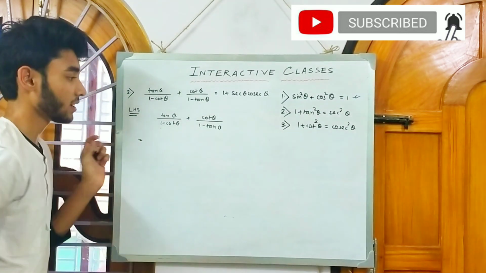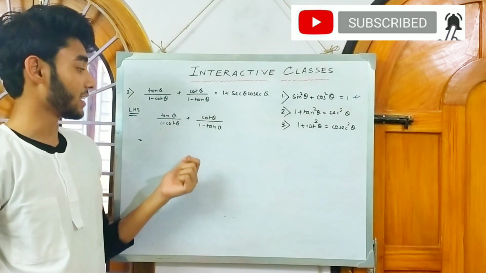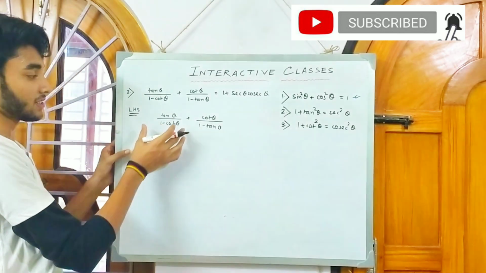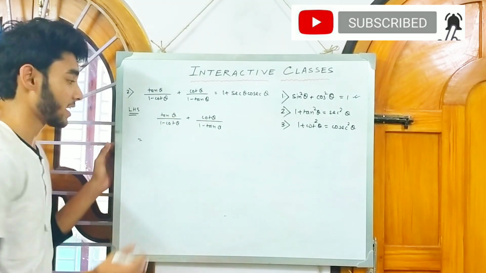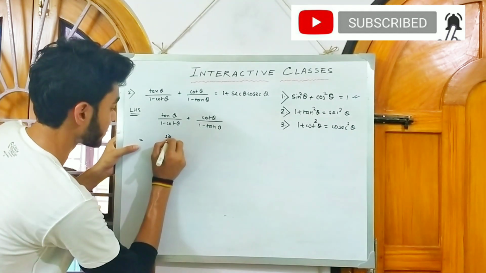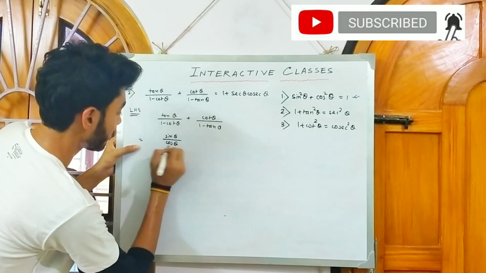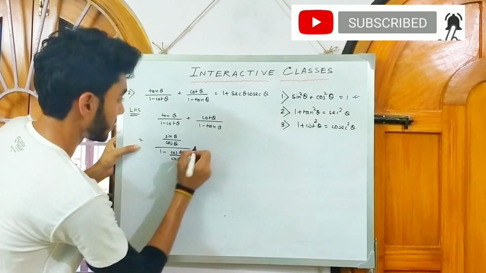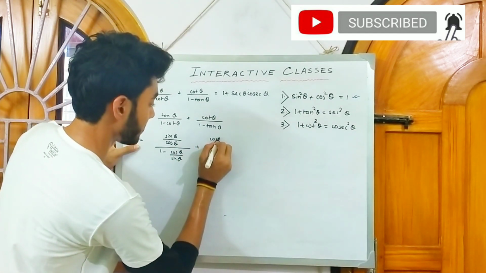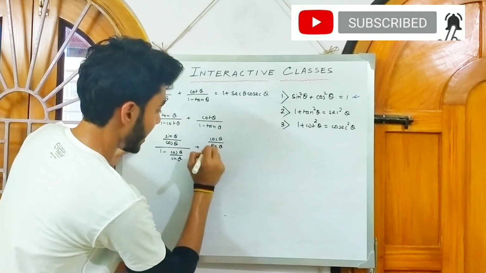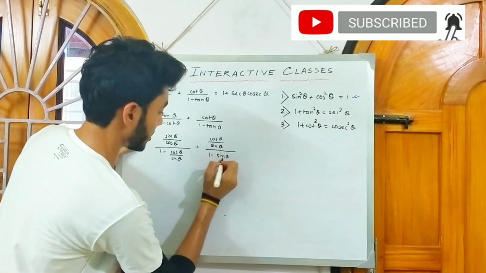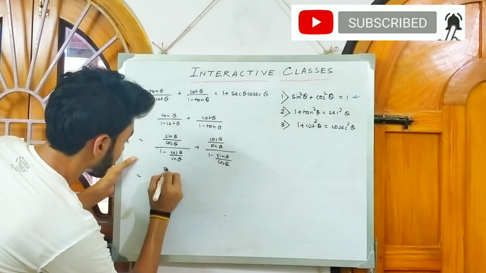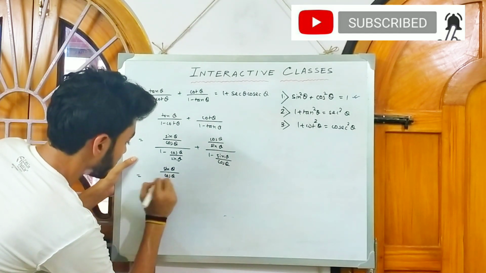Now we can convert tan theta and cot theta into sin and cos. Tan theta can be written as sin theta upon cos theta, and cot theta can be written as cos theta by sin theta. Similarly in the second term, cot theta is cos theta by sin theta and tan theta is sin theta by cos theta.